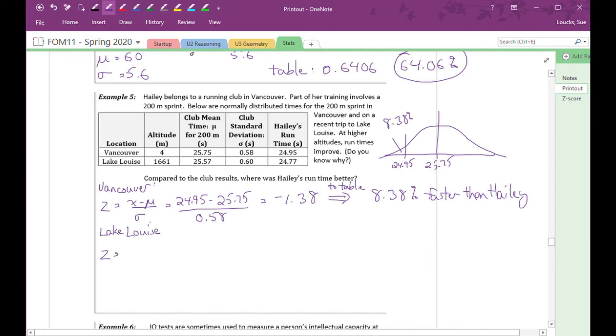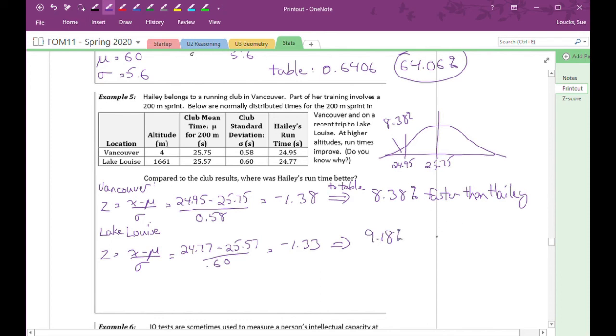The z-score is x minus mu over sigma. So in Lake Louise, it's 24.77 minus 25.57 divided by 0.60 gets us a z-score of negative 1.33. We go to the table, that gets us 9.18%.